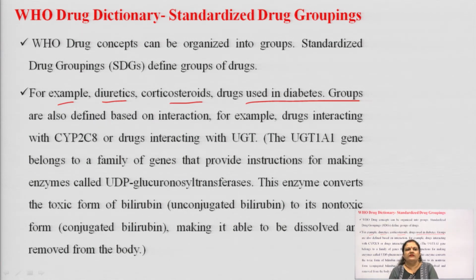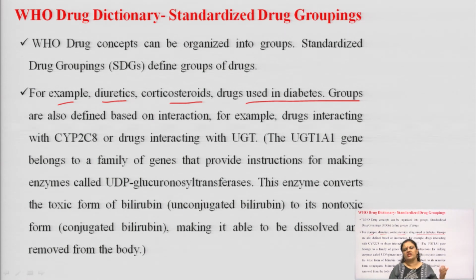UGT1A1 is the gene which belongs to a family of a large number of genes that ultimately provide the detailed instruction for making an enzyme known as UDP, and UDP is the glucuronosyltransferases. 'Ases' means this is an enzyme. This enzyme further converts the toxic form of bilirubin, the unconjugated bilirubin, to its non-toxic form.